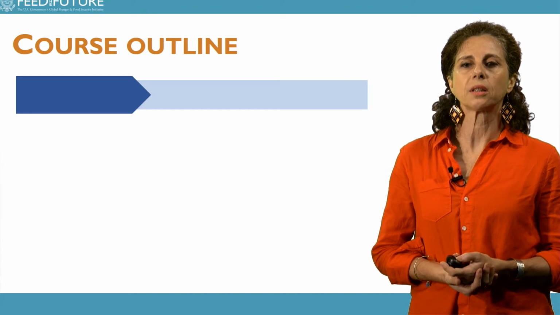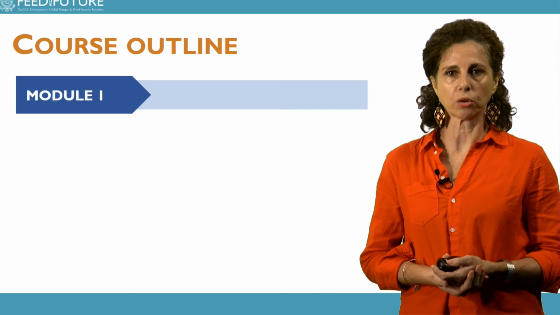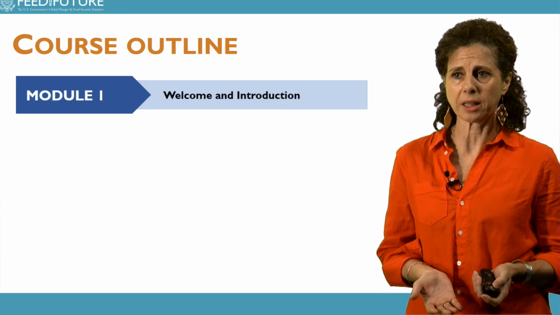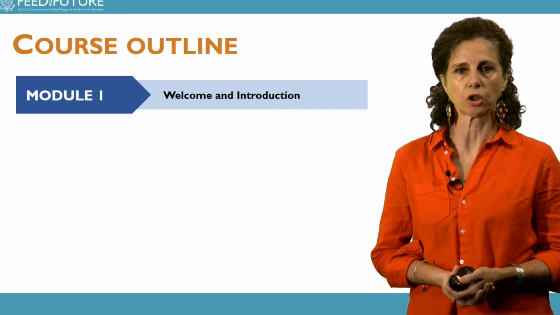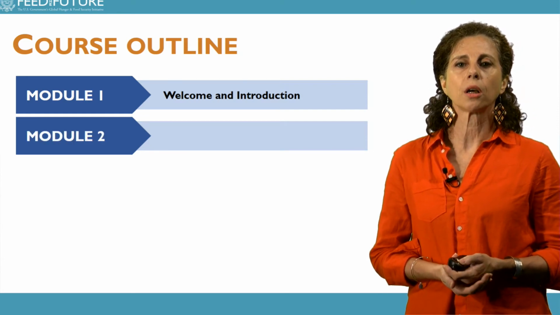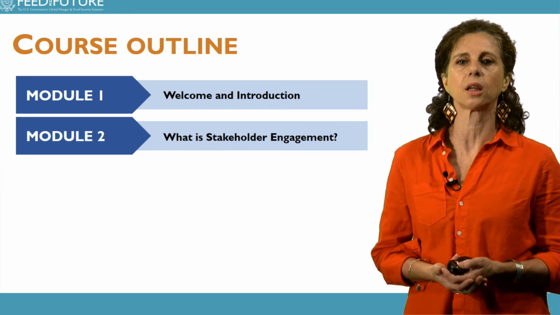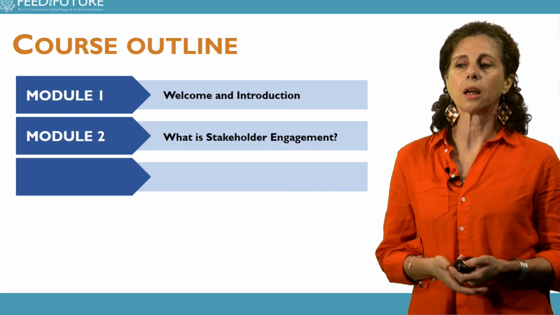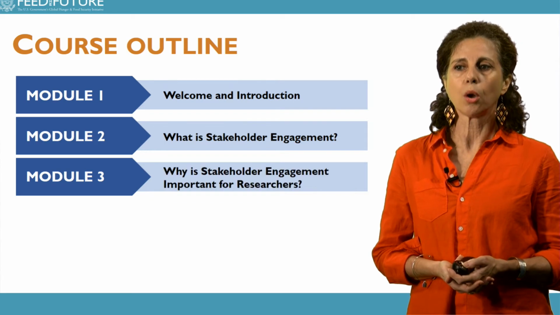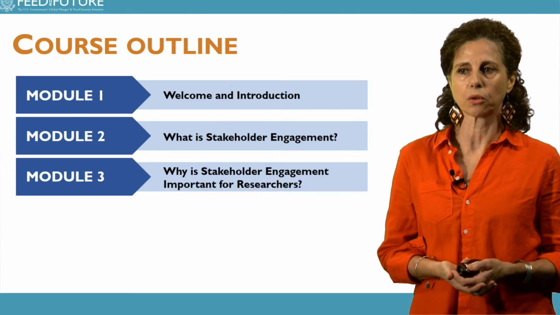So what is the course outline? We have 5 modules. Module 1 is the present one, which is welcome and introduction. This is followed by Module 2, which gives basic notions and concepts, the what is stakeholder engagement. There is Module 3, which is about the why stakeholder engagement is important for researchers.